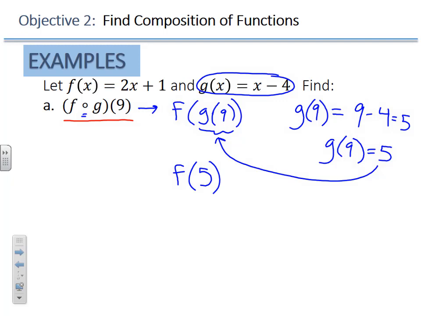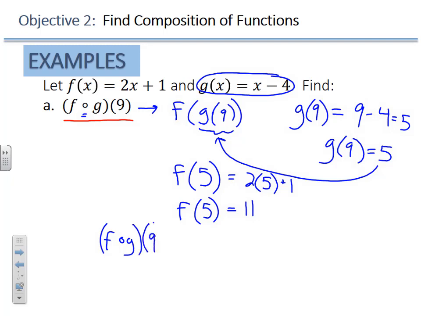And f of 5 is 2 times 5 plus 1. And so apparently f of 5 is equal to 11. Then we can conclude that f of g of 9, which was the 9 plugged into g and its output plugged into f, is equal to 11.